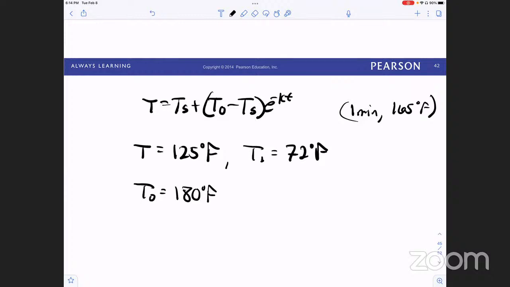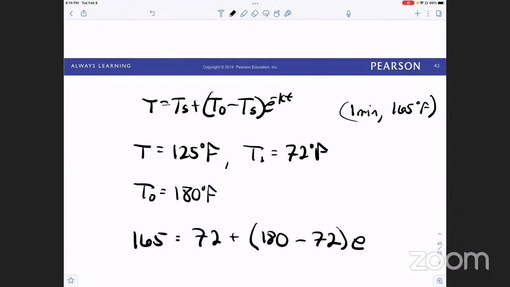Plug in that ordered pair. After 1 minute, the temperature is 165. The surrounding temperature is 72. The initial temperature is 180 minus the surrounding temperature of 72, and the time is 1 minute, so e to the negative k.